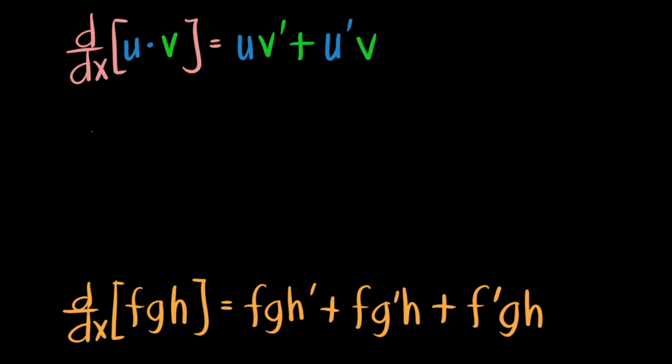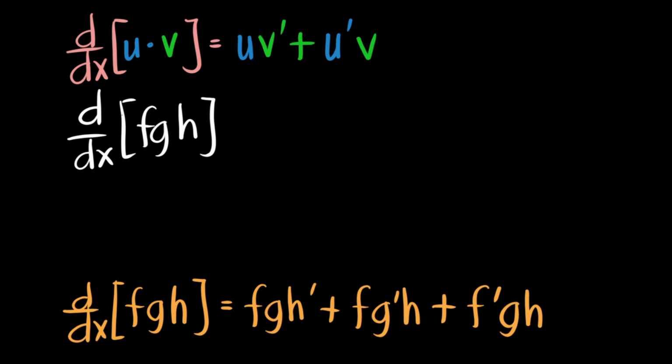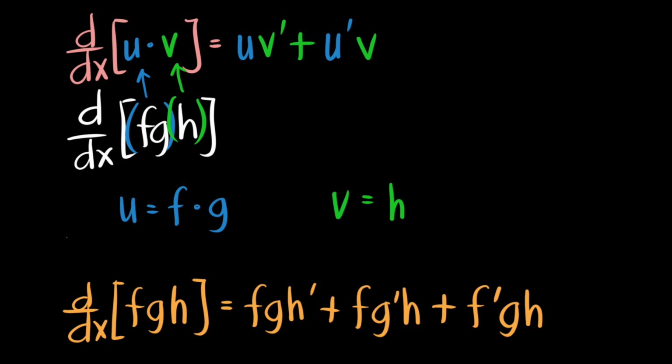To start off, we need to separate f, g, h into two. Let's assume that f times g is u and h is v. The next process is to derive u and v. Notice that f is multiplied with g.